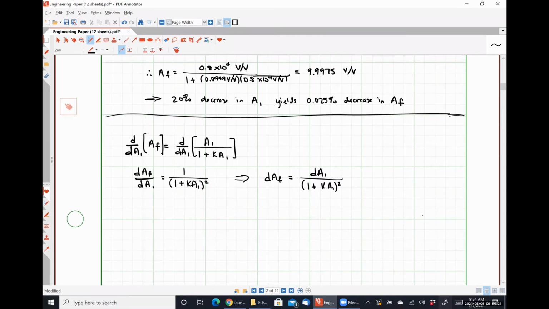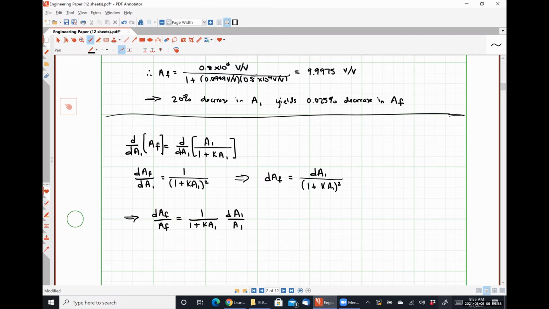And if I divide this equation by my original equation for the closed loop gain, what I get is dAF over AF, or the change in my closed loop gain, is equal to 1 over (1 plus KA1) times dA1 divided by A1.